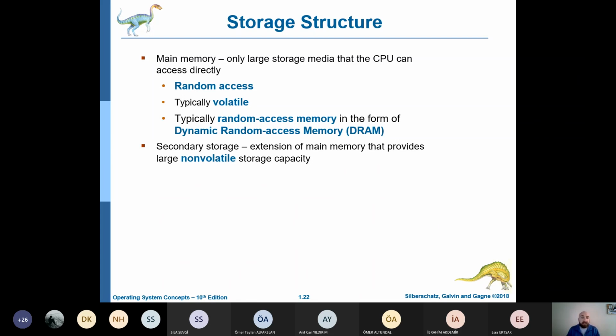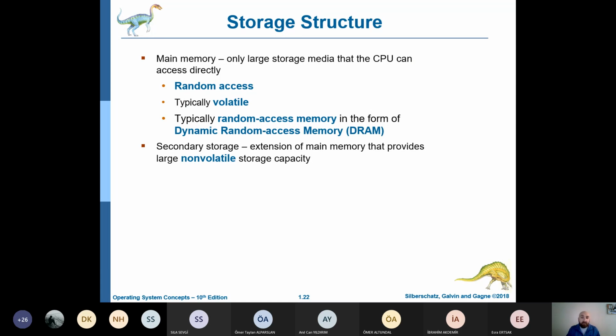General purpose computers run most of their programs from rewritable memory, as you know, called main memory. Also, we can call that random access memory or RAM. Main memory commonly is implemented in a semiconductor technology called dynamic random access memory.